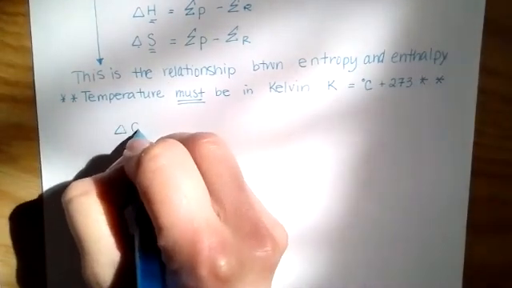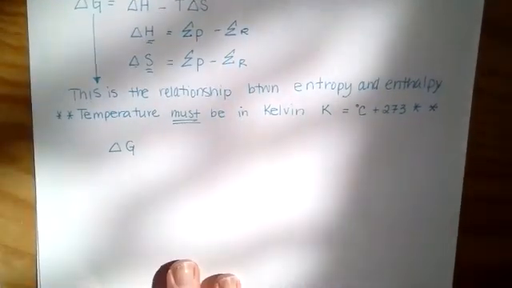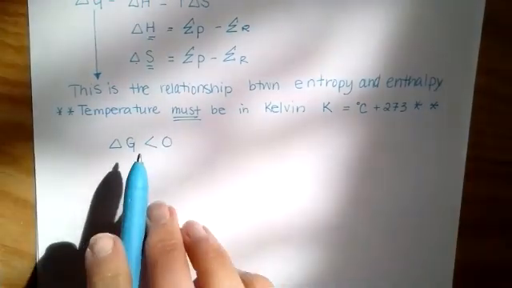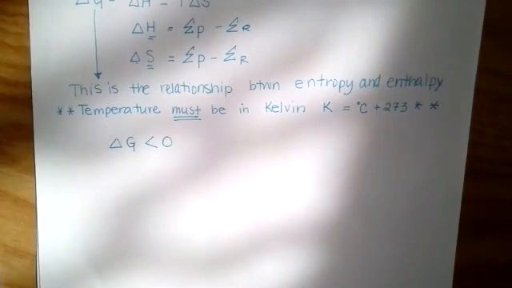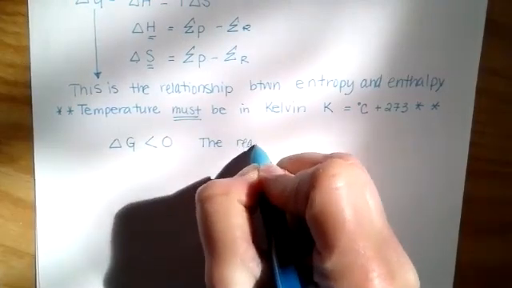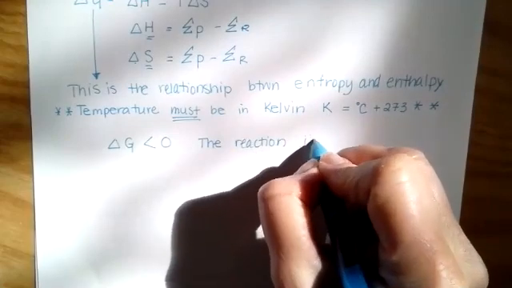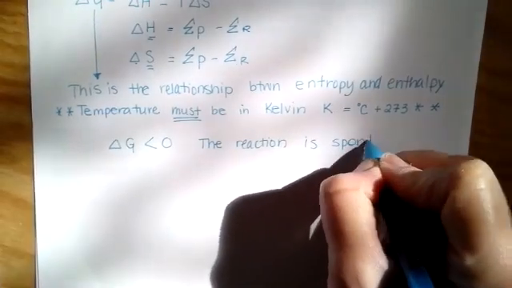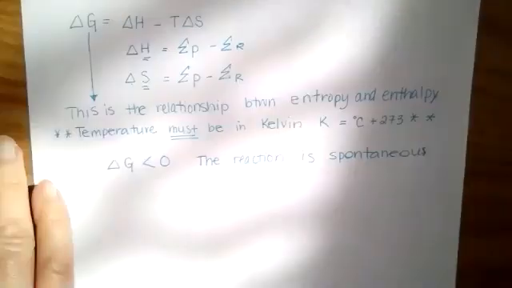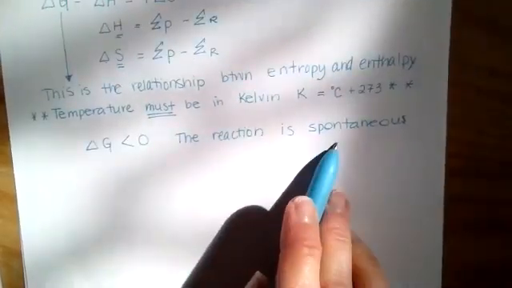So let's see. If I have a delta G value after all my calculations, if I have a delta G value that is less than zero, meaning I have a negative delta G value, then the reaction is considered spontaneous. All right, so if the delta G value is less than zero, a negative value, the reaction is considered spontaneous.